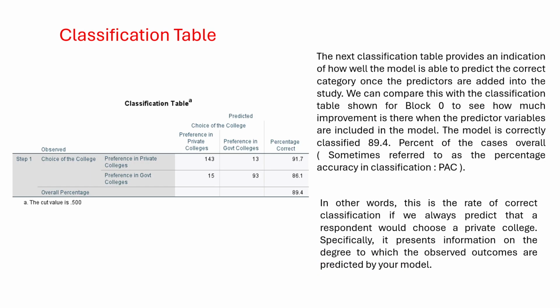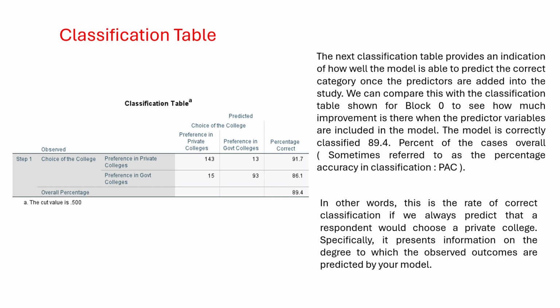Next one is the classification table. The classification table provides an indication of how well the model is able to predict the correct category. Once the predictors are entered into the model, we can compare this with the classification table shown for Block 0 to see how much improvement there is when the predictor variables are included in the model.